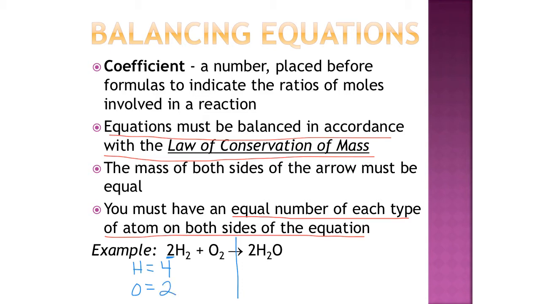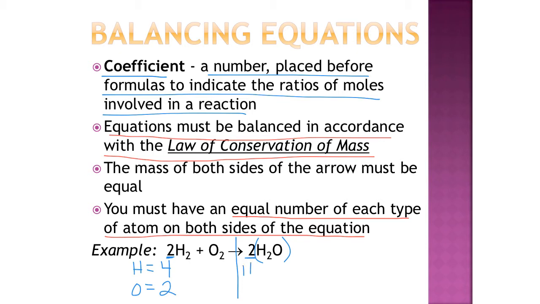On the second side here, we have this coefficient. Coefficient is our number out in front of the formula, and that gives us our mole ratios. We have 2 H2O. So that 2, you can think of it being in parentheses. We have 2 waters.